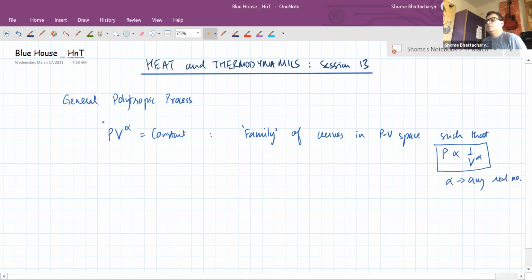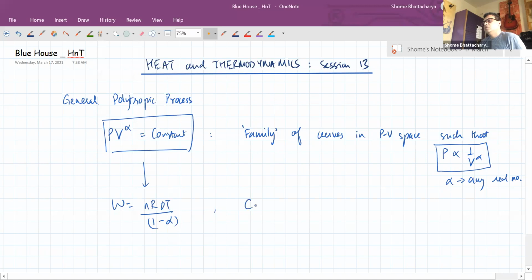And we saw that for this general family of curves, the work done is given by the general formula, and the molar specific heat capacity is given by the general formula.